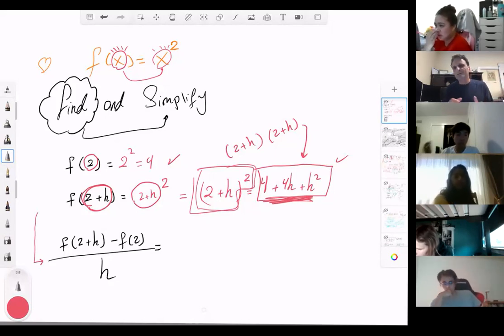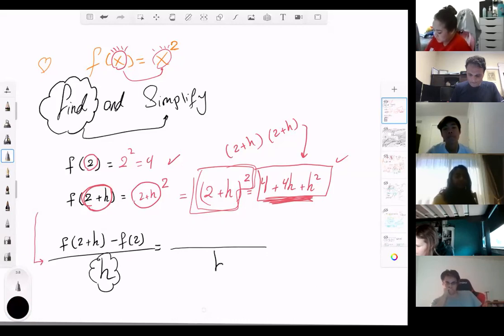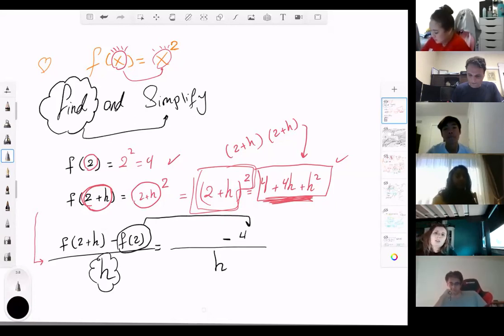In this course, we just learn how to simplify. So how do we simplify this? There is a line. There's nothing we can do with this h. So h is going to be here, and the minus is there. The value of f of 2, we know, is 4. So I put 4 over here.